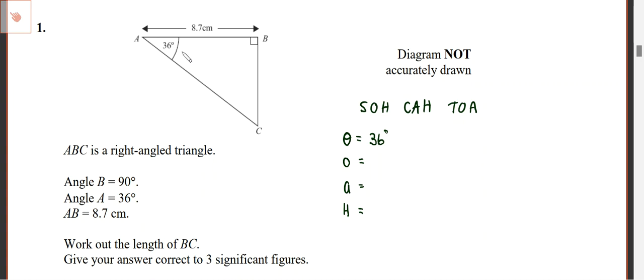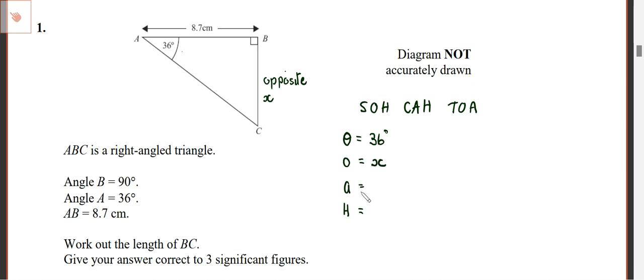So look at the angle and go opposite it. This is the opposite side. Now it's saying to me, work out the length of BC. That is the opposite side. So that's the one I'm going to call X because it's the thing I want to know. Does that make sense? Yeah. So I'm going to call my opposite, that is my X.